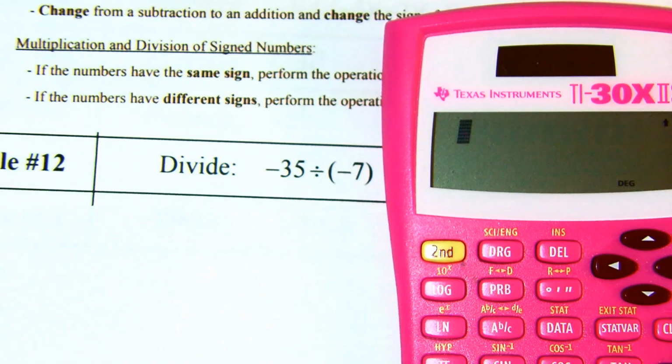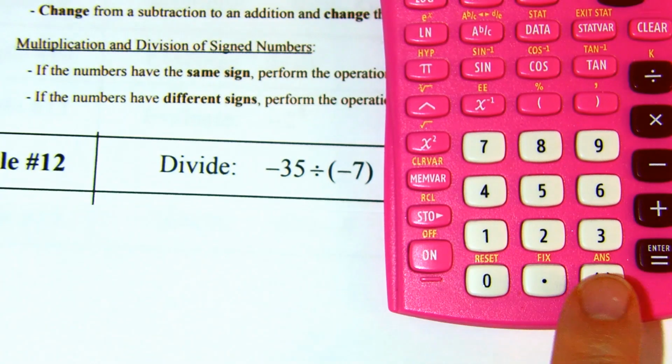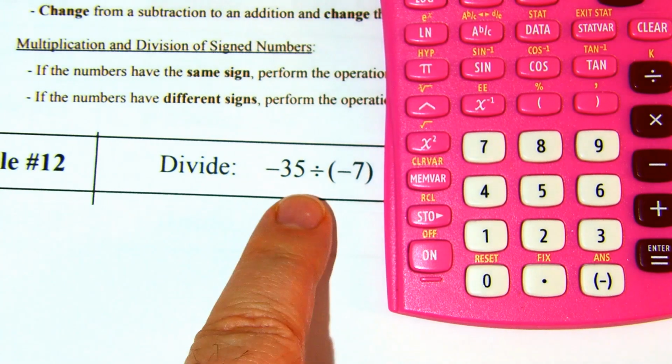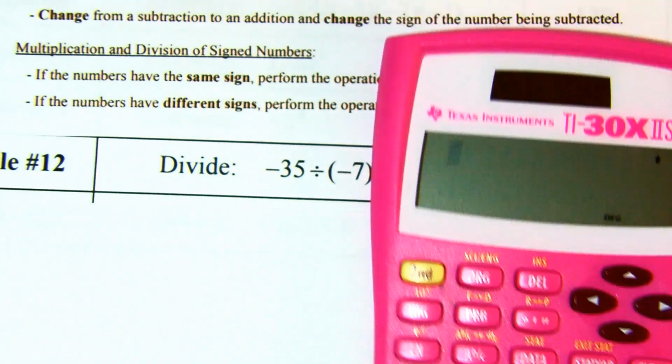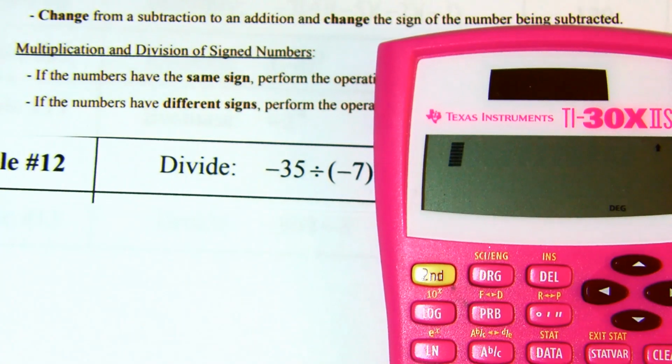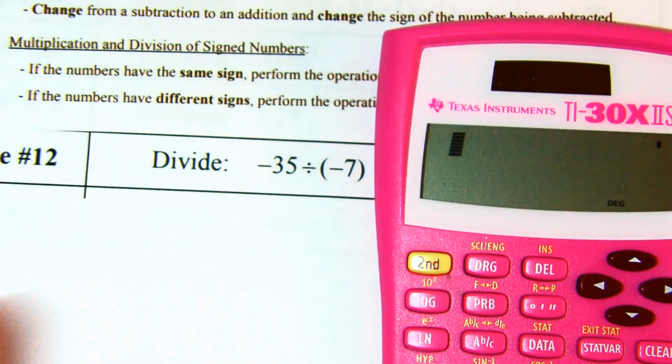Both of these negatives are going to be that little negative button at the bottom, this button here. So when I get to those, that's what I'm going to type. And obviously the division is just your regular old division button that's over here. And let's go ahead and type that in. Trying to get all this on screen.